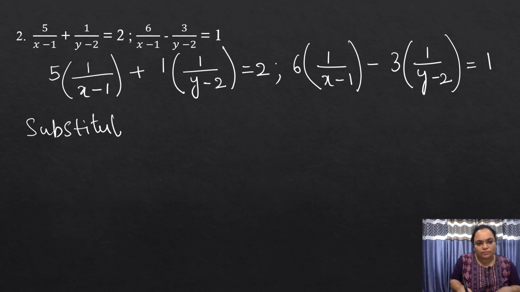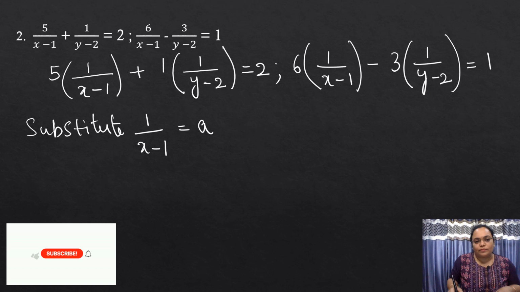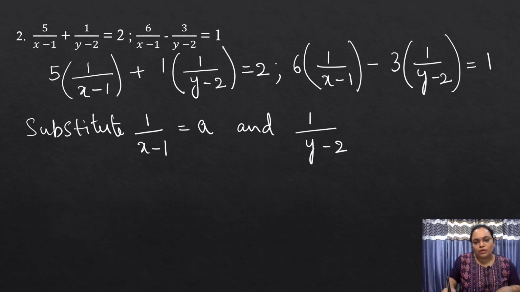Substitute 1 by x minus 1 to be a, okay, and 1 by y minus 2 to be b. Okay.